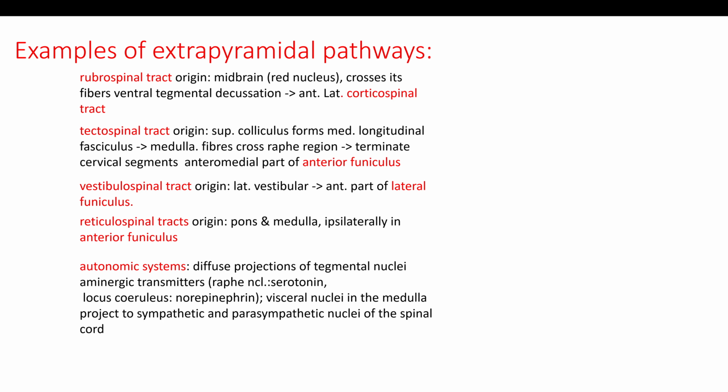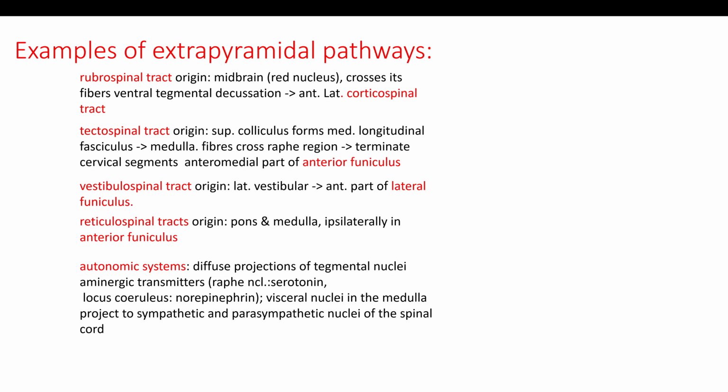Its fibers cross the raphe region and end in the anterior medial part of the anterior funiculus. The vestibulospinal tract originates in the lateral vestibular nuclei, then runs in the anterior part of the lateral funiculus. The reticulospinal tract originates in the pons and medulla, and goes ipsilaterally in the anterior funiculus.